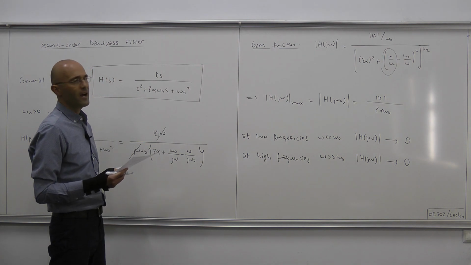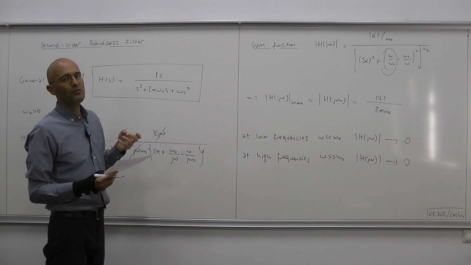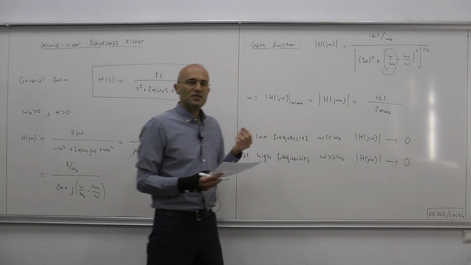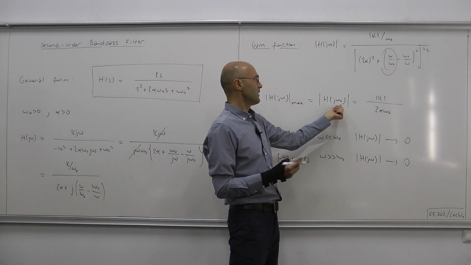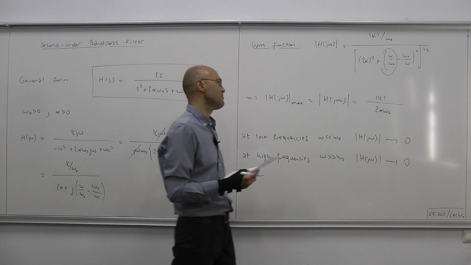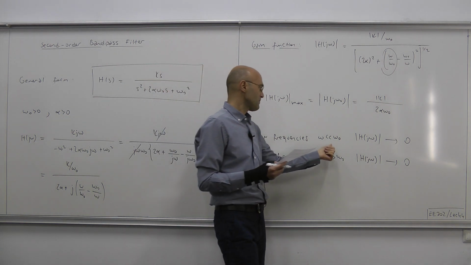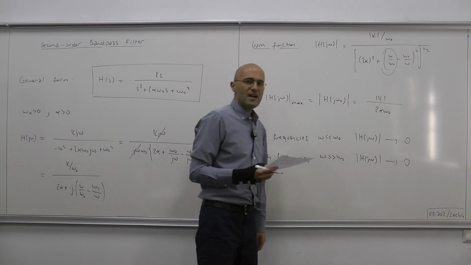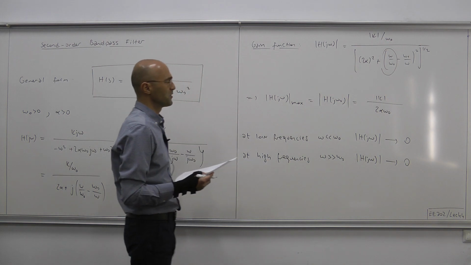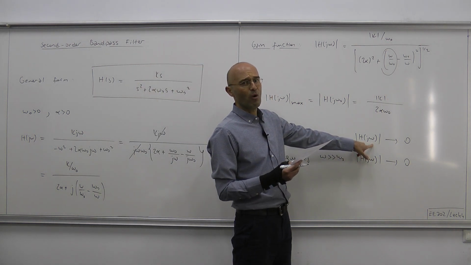So what we have observed qualitatively is that at some frequency, which we call the center frequency, omega 0, our filter achieves the maximum value that it can get. At frequencies significantly to the left of omega 0, the gain is very small.